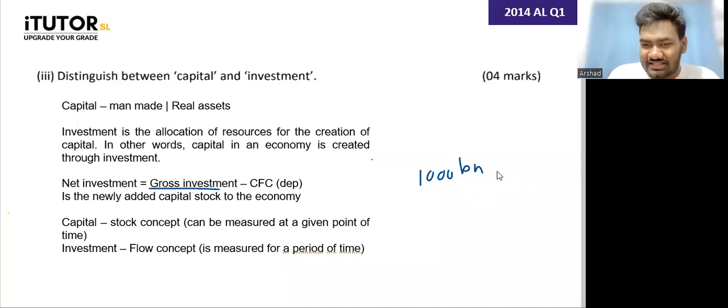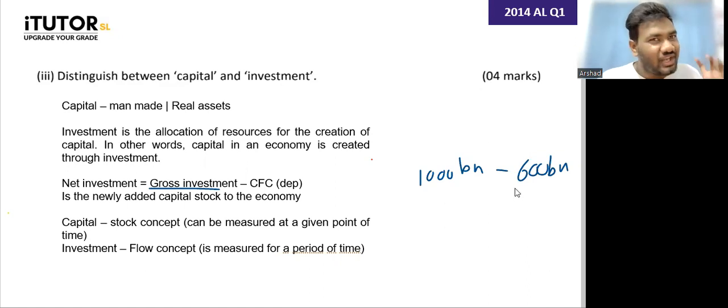So let's say 600 billion worth of our capital, that is, buildings, machines, have now got depreciated. So what is the new addition this year, guys? We have made 1,000 billion investment. 600 billion of our previous investments have got depreciated.